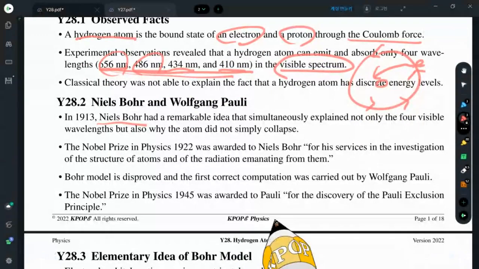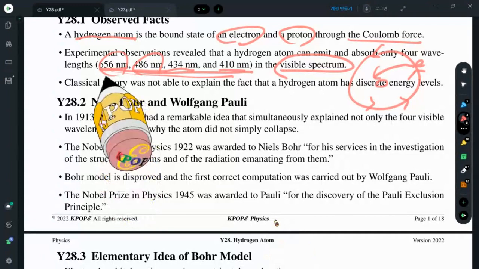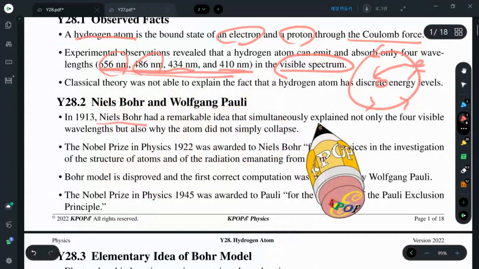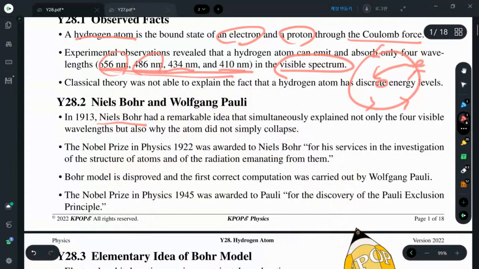Very stupid, on the other hand, a very clever idea. And nobody uses Bohr's theory anymore. However, he made a big step to explain the hydrogen atom.